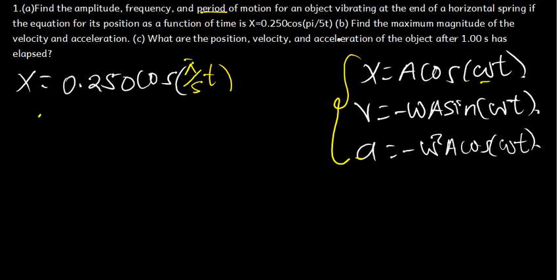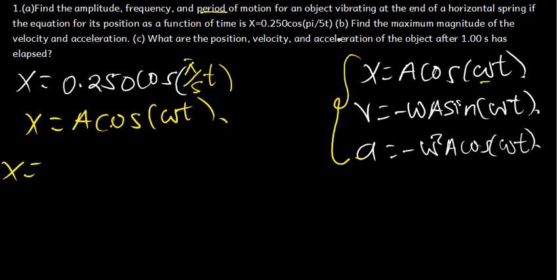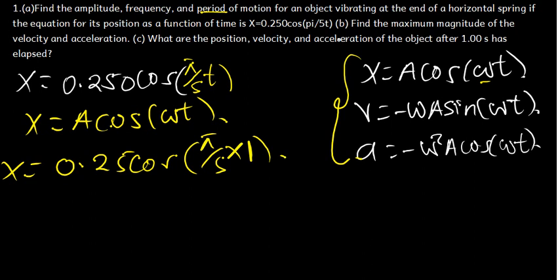The position is going to be given by this formula. The time we have been given is 1 second. So x is going to be equal to the amplitude, 0.25, times cos of, inside there, pi over 5 times the time, which is 1.